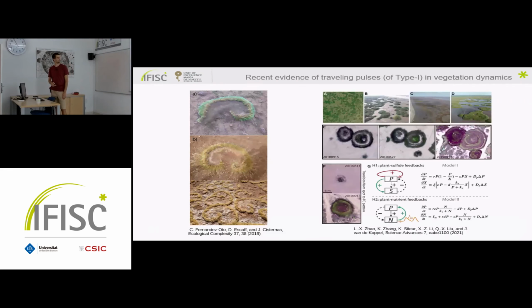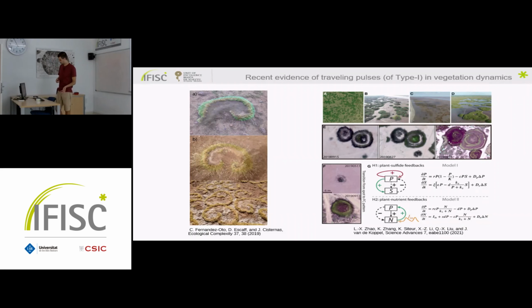We also have this example of grass in wetlands in China, where they explain this kind of behavior also with autotoxicity models. And they also have these rings that expand and are also not compatible with type 2.